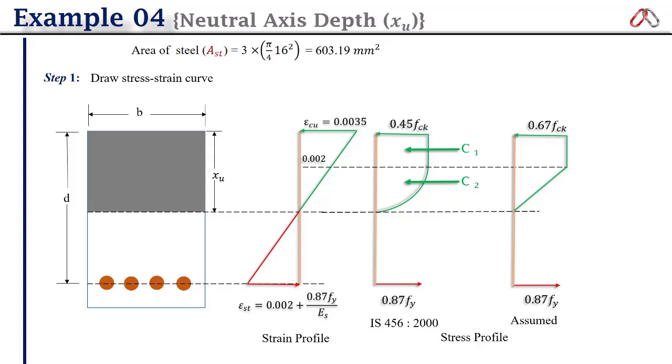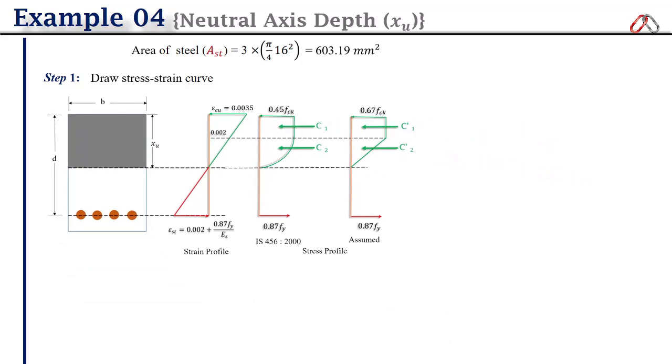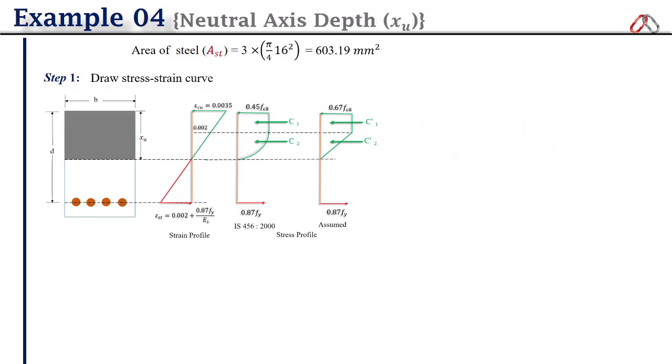Let us say the compressive force in the assumed profile is C1 dash for the rectangular area and C2 dash for the triangle area. So let me make it smaller so that you can understand it very easily. Let us assume the points on the strain profile are A at the neutral axis, B at 0.002 and C at the extreme compression fiber.